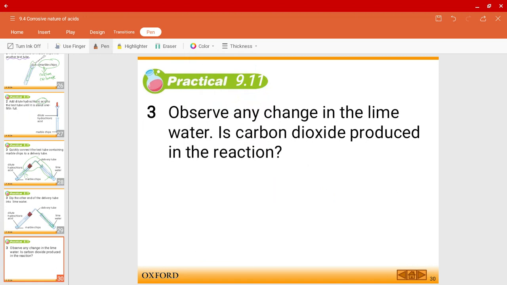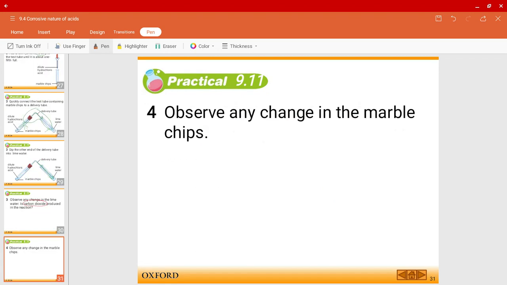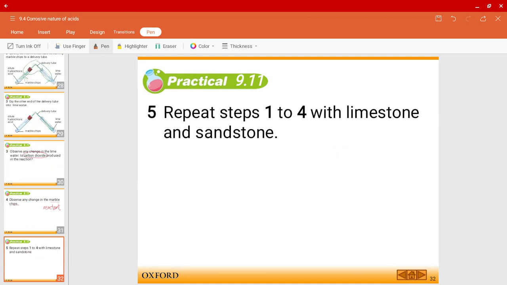If there is, that's how we will know carbon dioxide gas is produced. We'll also see whether there are any changes in the marble chips. As you recall, marble chips are the reactants, meaning they were used in the beginning of the reaction. Then we'll repeat the same steps with limestone and sandstone, the other building materials.